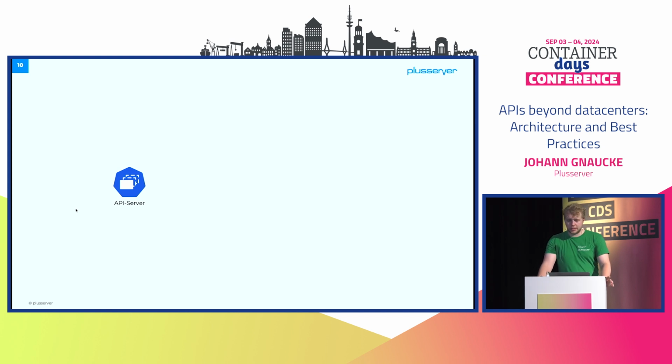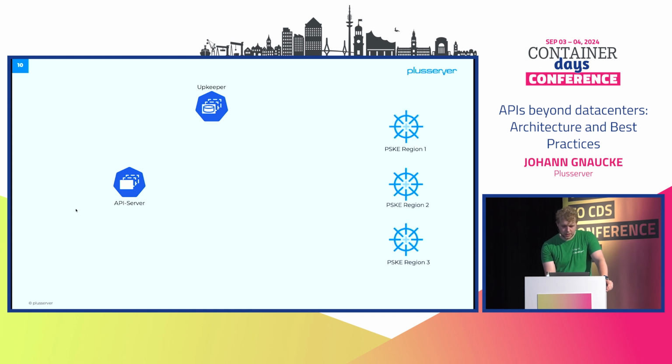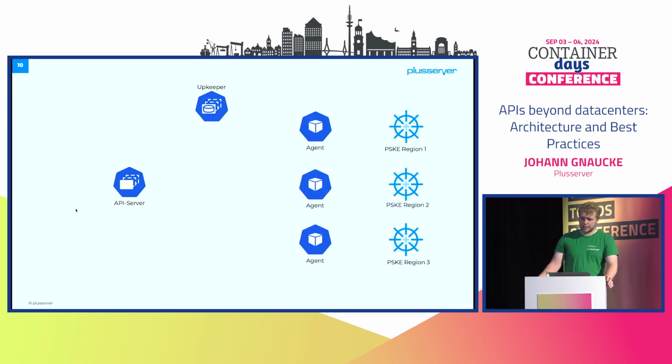We don't need a stateful set there or some complicated state management. We implemented the upkeeper, which keeps our database organized and can run scheduled jobs or cleanup. And then there are the PSKE and the agents, which is the last component we are currently developing.